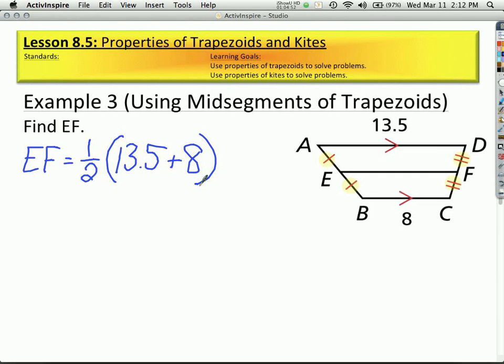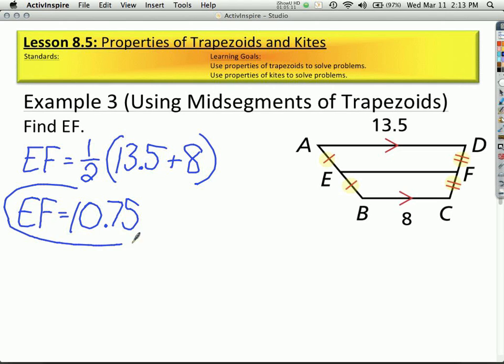So we get 21.5, so EF equals 10.75. We don't have any units of measurement. You can say units or just leave it blank. And so we get 10.75.